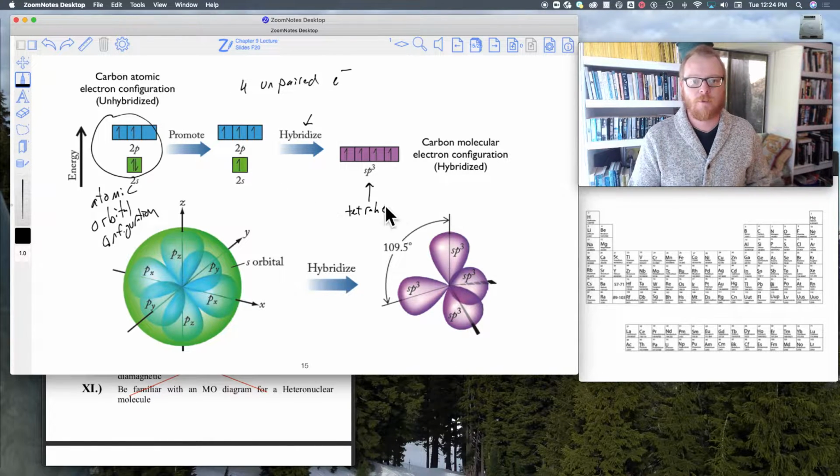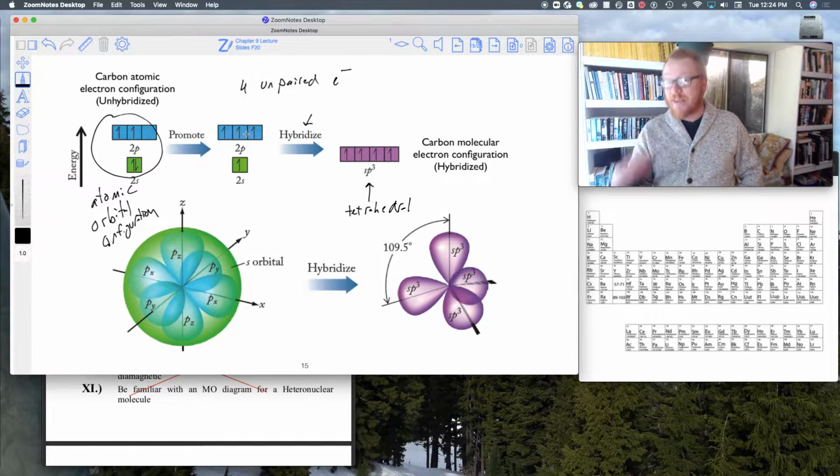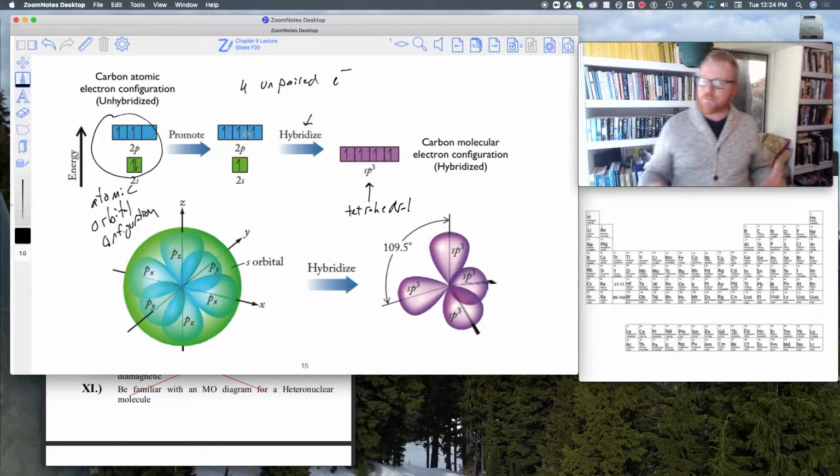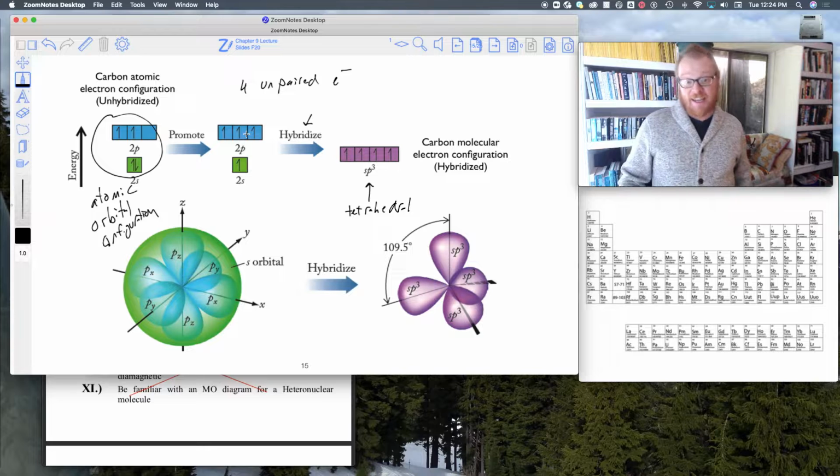Tetrahedral, sure, something like that. We call it sp3 because it's literally 1 s electron mixing with 3 p electrons, sp3. That gives us this tetrahedral shape.